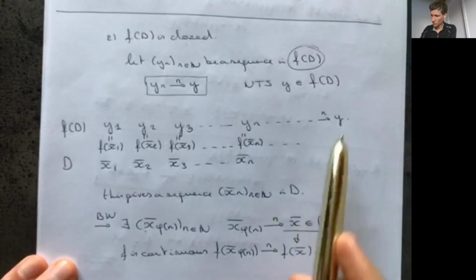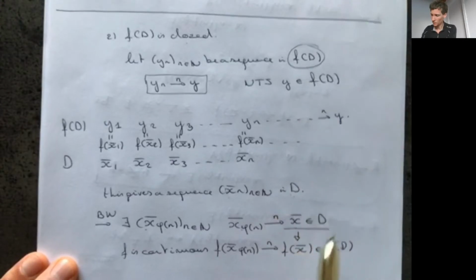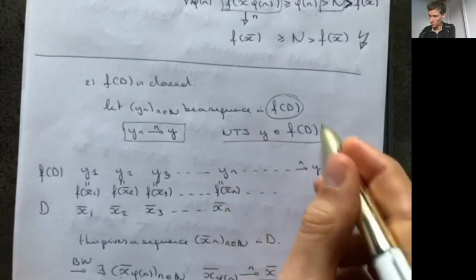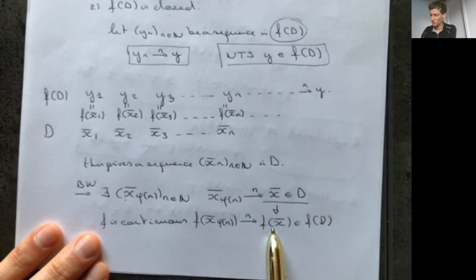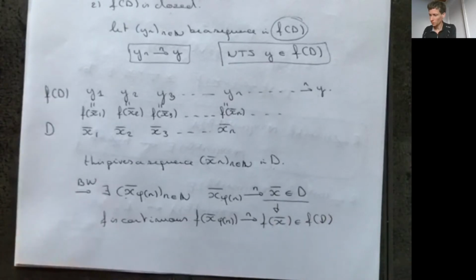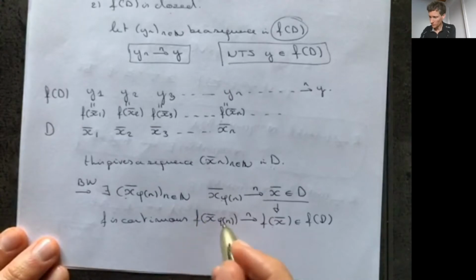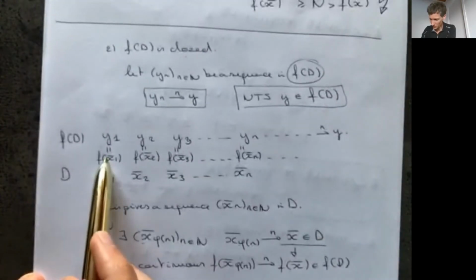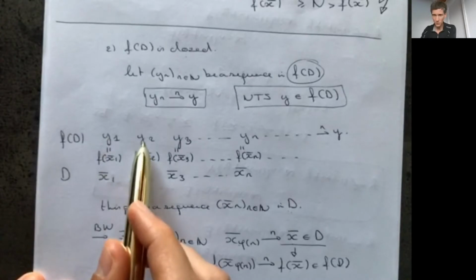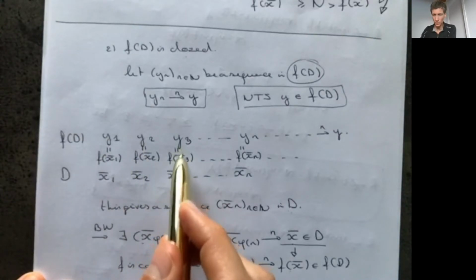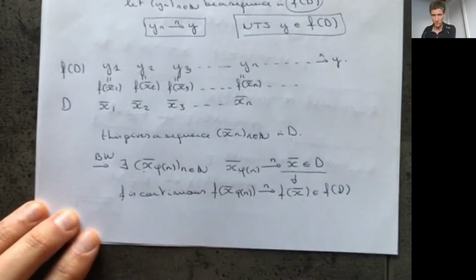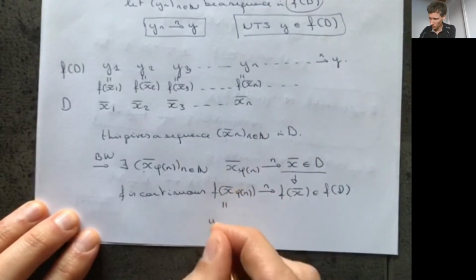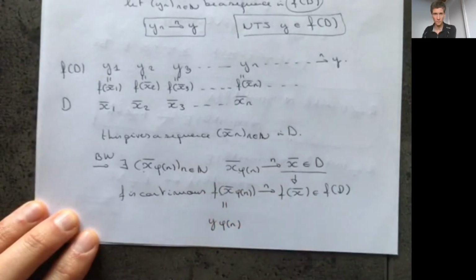The idea is now to show that this y, which we have to show is in the range, is equal to this f of x. So how can we see that this is indeed the case? Well, remember that f of x1 is equal to y1, f of x2 is equal to y2, f of x3 is equal to y3, and so on. So in general, f of x_n is equal to y_n. So here f of x_phi(n) will be equal to y_phi(n).